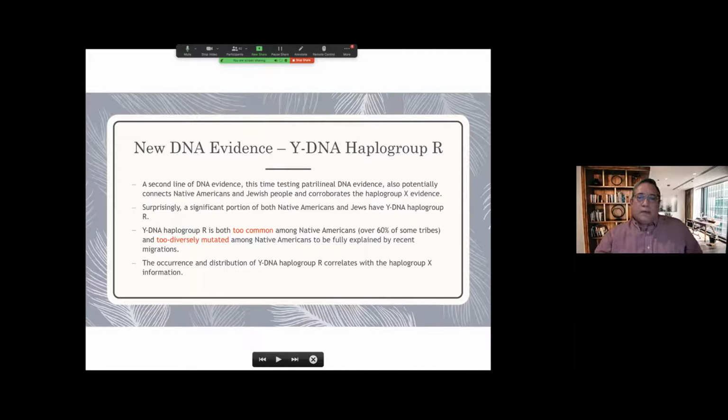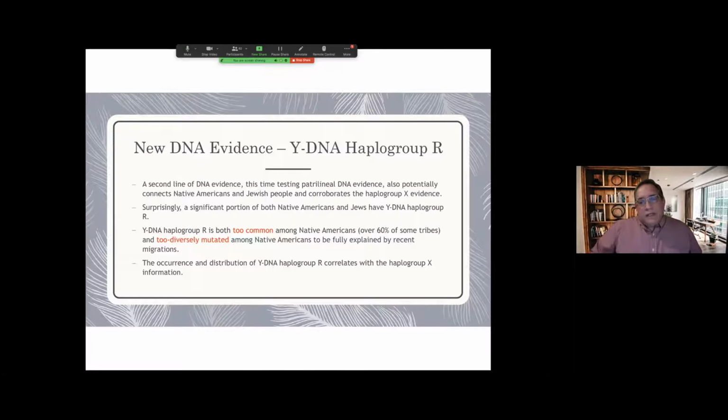And then this patrilineal DNA evidence: what they found when they've done this for Native American populations is that one of the DNA types they come up with is Y-DNA haplogroup R, which is not an Asian type of DNA. It's actually more commonly found in Caucasian groups in Europe, the Middle East, and surprisingly, a significant portion of Jews also have this Y-DNA haplogroup type.